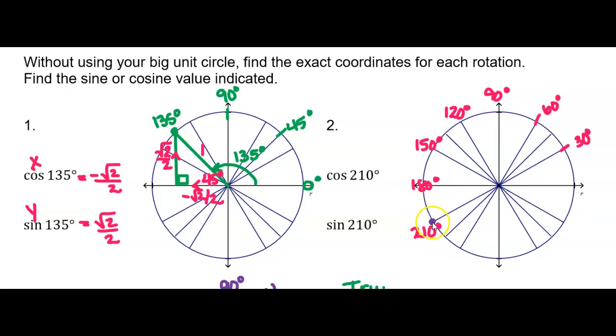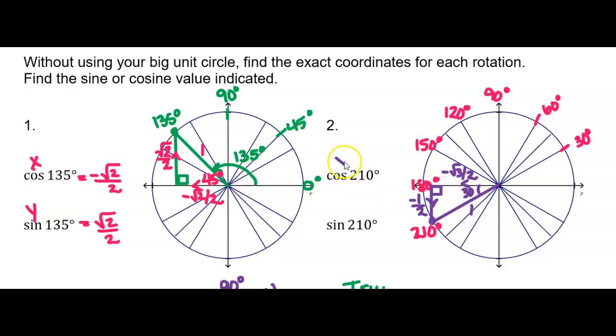So this is the location that we're referring to. So we're going to draw out our reference triangle. This angle right here is 30 degrees, which makes our short leg negative 1/2, negative because we are going down to get to our coordinate. And our long leg is going to be negative √3/2, again because we are going left to get to our coordinate. And our hypotenuse is always 1.